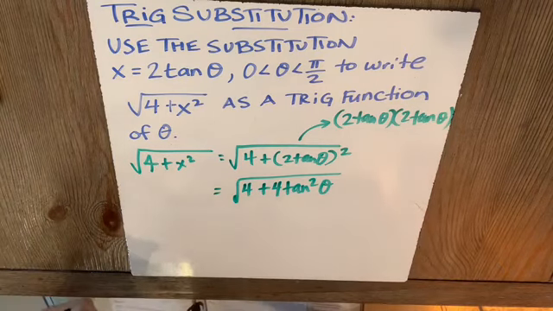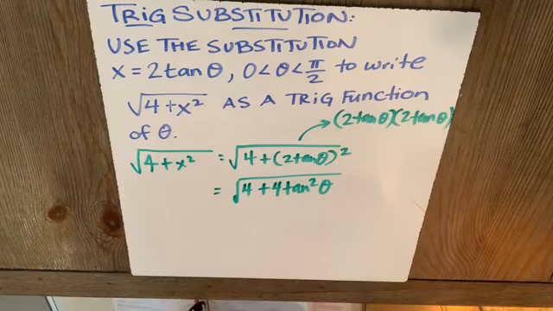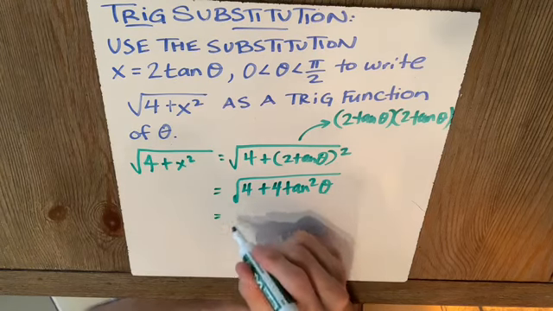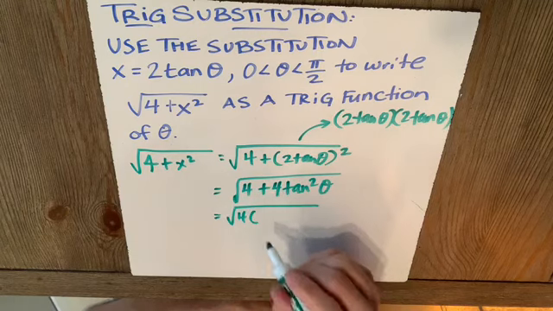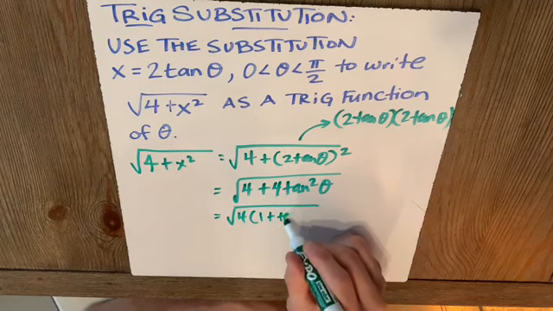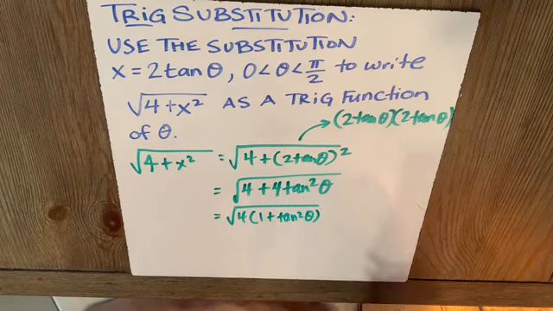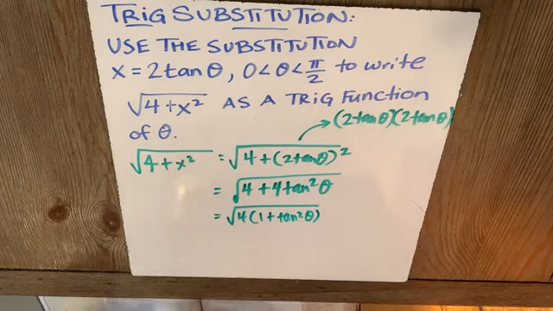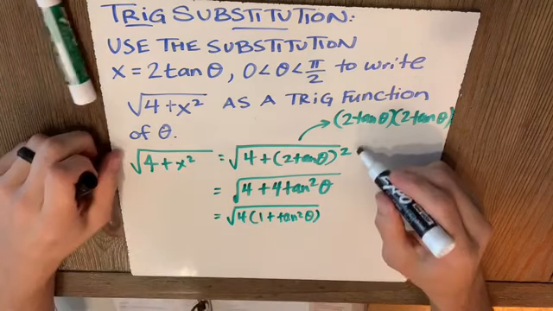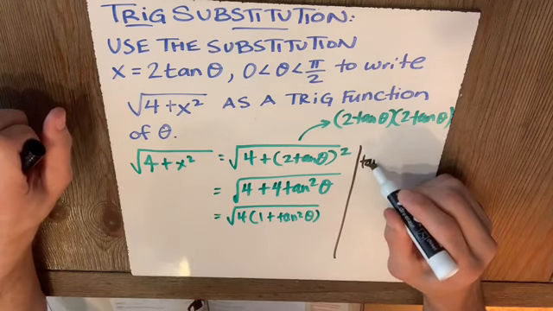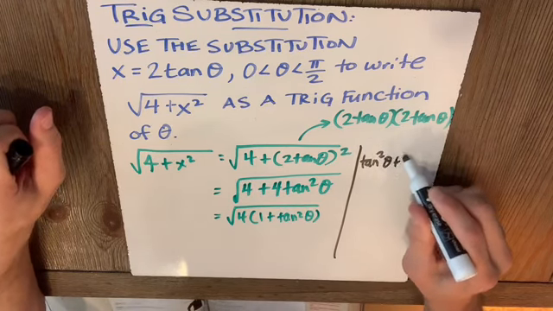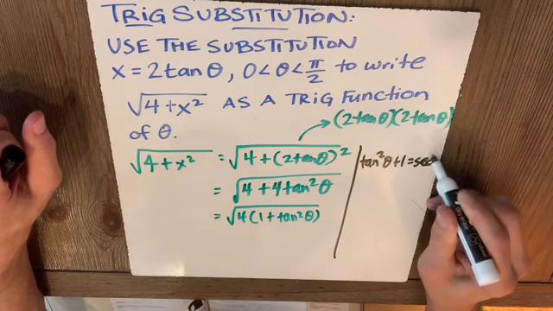So I can see that if I factor out the 4, and I can take the square root of 4 in my sleep, so that's pretty good. I'll get 4 times, if I factor out the 4, 1 plus tangent squared theta. And that's ringing a bell because I know, as an aside, that tangent squared theta plus 1 is equal to secant squared theta.